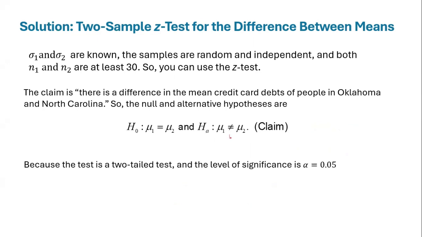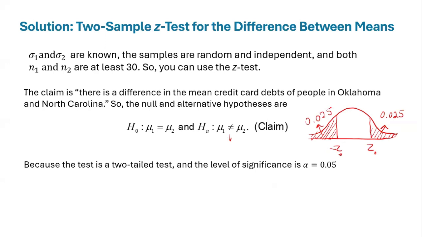The alternative hypothesis tells me that I have a two-tail test. Two-tail test means I have two critical values. And the alpha, which is 5%, is the total area on both tails. That means half of the alpha is on the left, the other half is on the right. And half of 5% is 2.5% or 0.025.